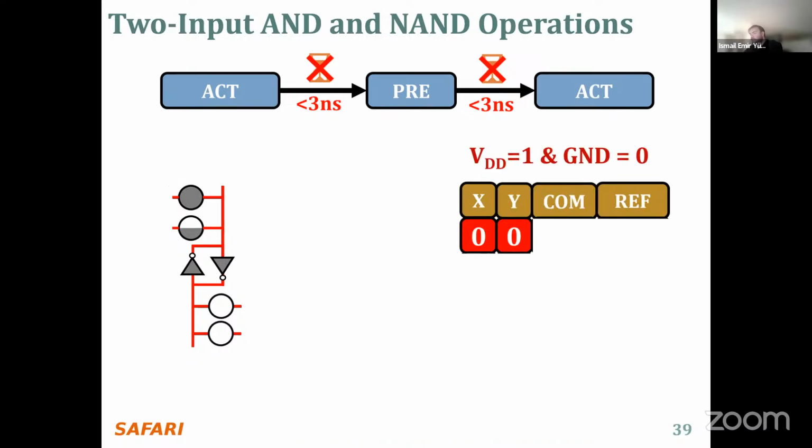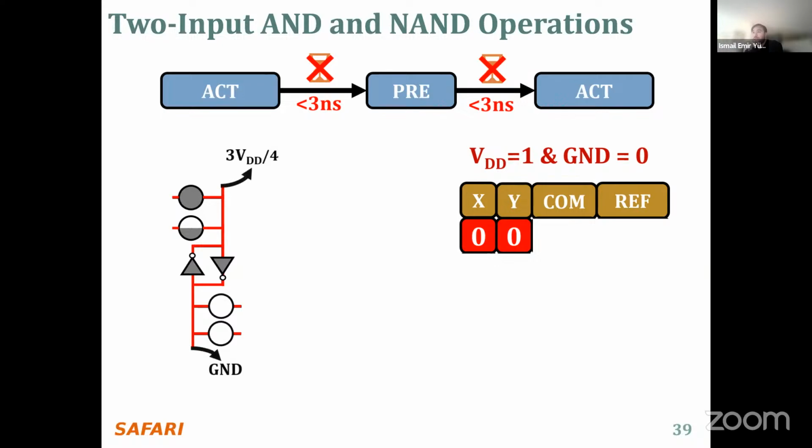So now we will iterate all the possible input values for X and Y, and we will see the results after every multiple row activation. For the sake of simplicity, assume that VDD is 1, ground is 0. The first case is where X and Y are both 0.